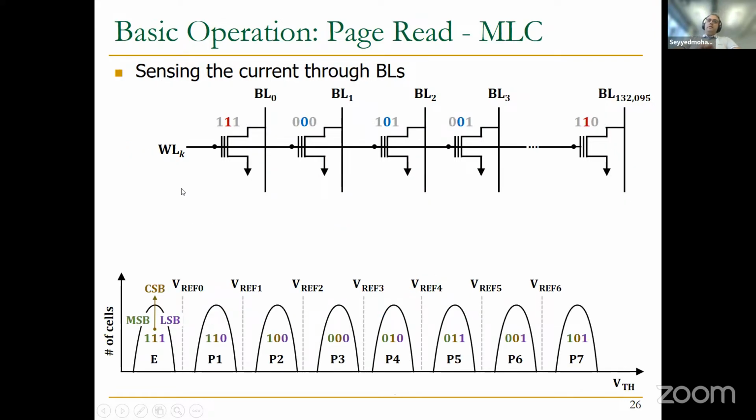Okay, but now let's see how we can do page read in MLC, which is a bit different and a bit more challenging, but also interesting to see. Imagine that you want to read the central bit, the CSB bit, in a TLC NAND flash. What you first need to do, based on the encoding that you have, is check the reference voltages where 2 consecutive states have flipping in the CSB, or central bit.